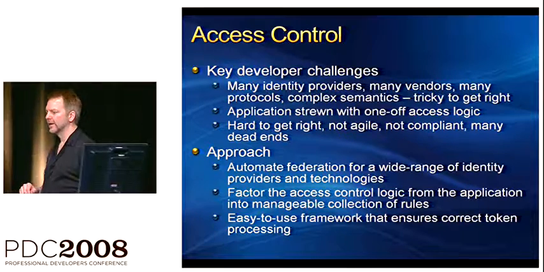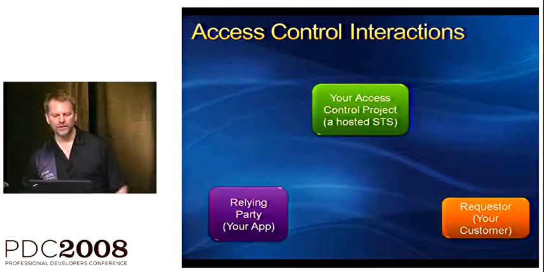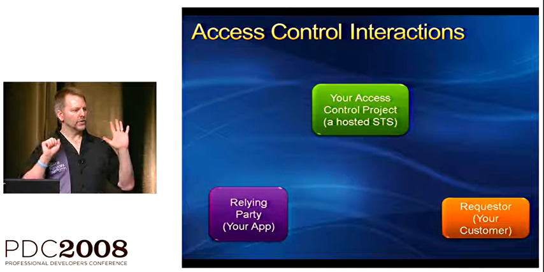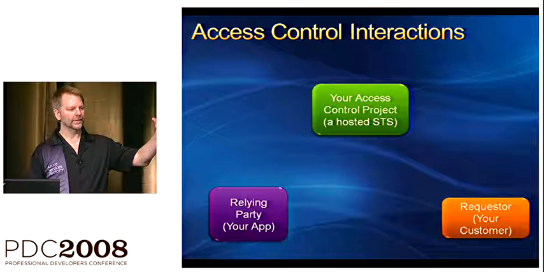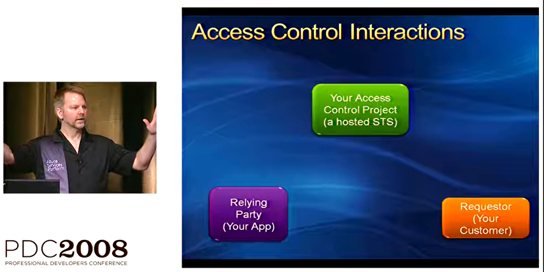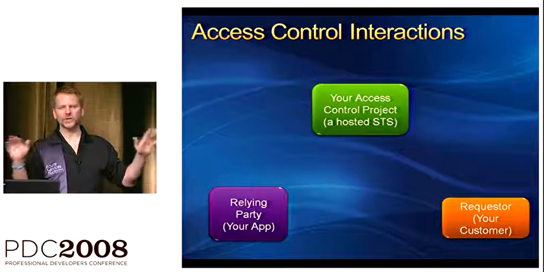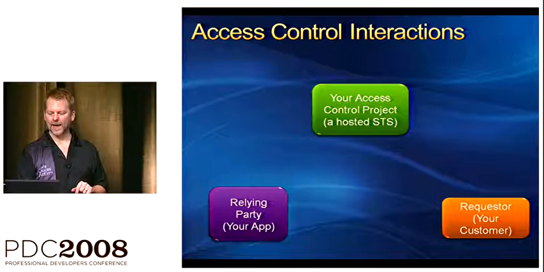So let's take a look at the model that's used. If you've got your app, that's the relying party, and you've got a requester, we're going to use the access control project to help stitch those things together and make sure that the right thing happens.